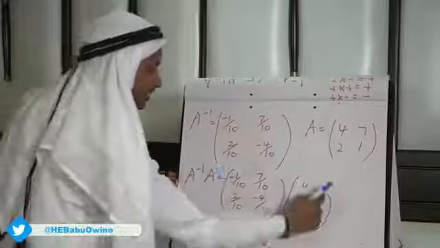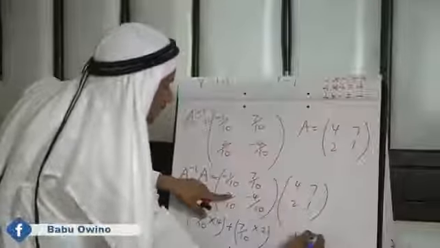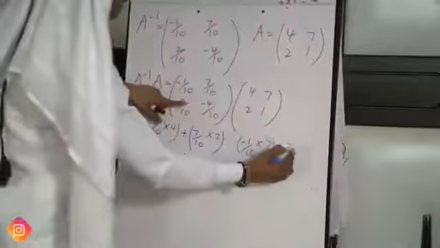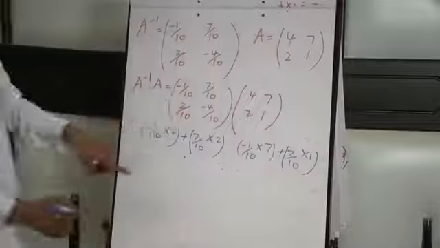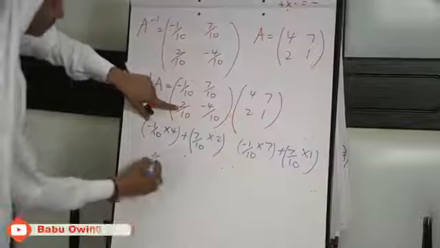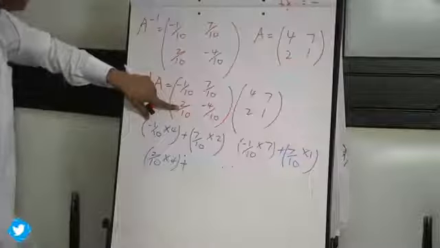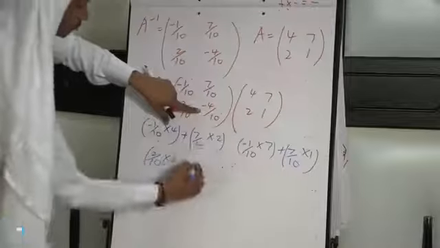Therefore, this multiplies the other one, which is minus 1 over 10 again, times 7, plus 7 over 10 times 1. Next is 2 over 10 times 4 plus minus 4 over 10 times 2.